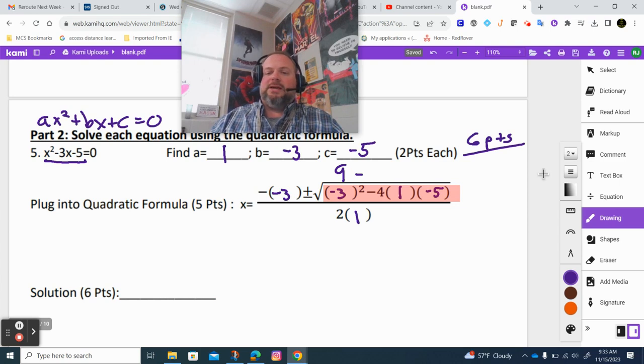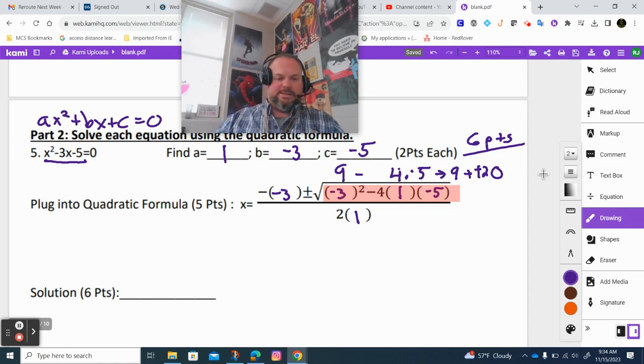Minus 4 times 1, we have 4 times -5. This ends up being 9 minus -20. Minus a negative is plus a positive. So that's how we get positive 29. So this is 3 plus or minus square root 29.